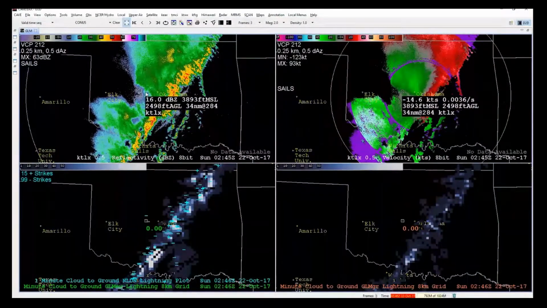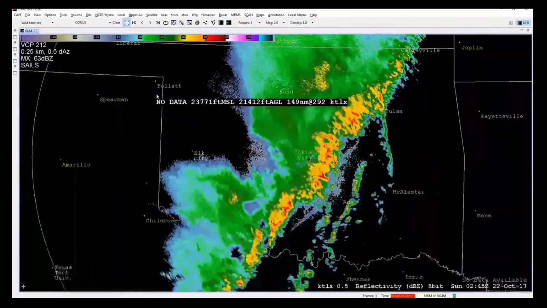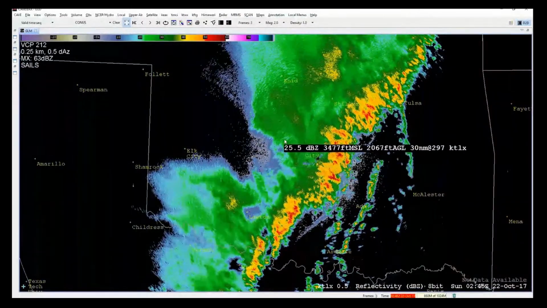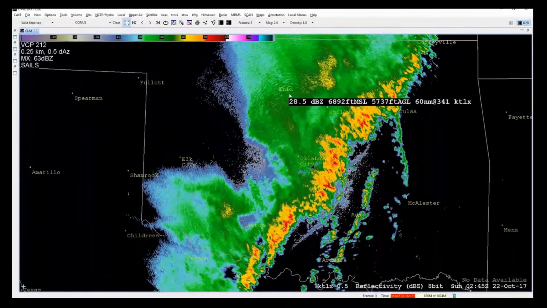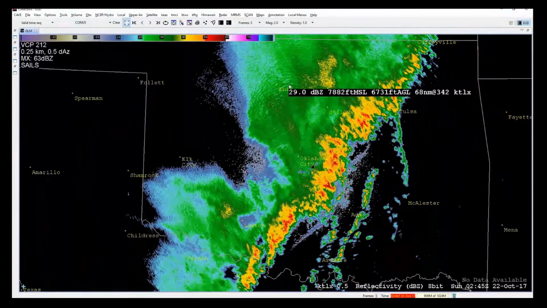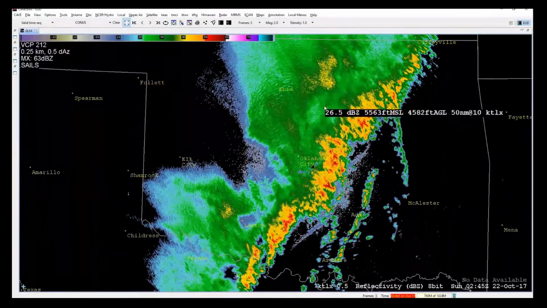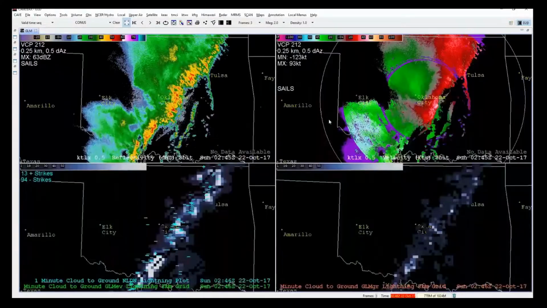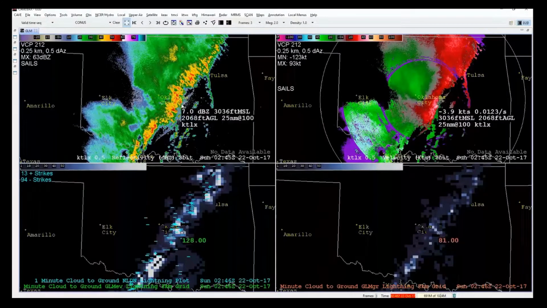It's a Saturday night in October. Here's a line of storms. When can we get back on with our outdoor event? Maybe the storms have already gone through. Maybe you're up near Enid or Stillwater, and you're saying, well, when can we get things going again?